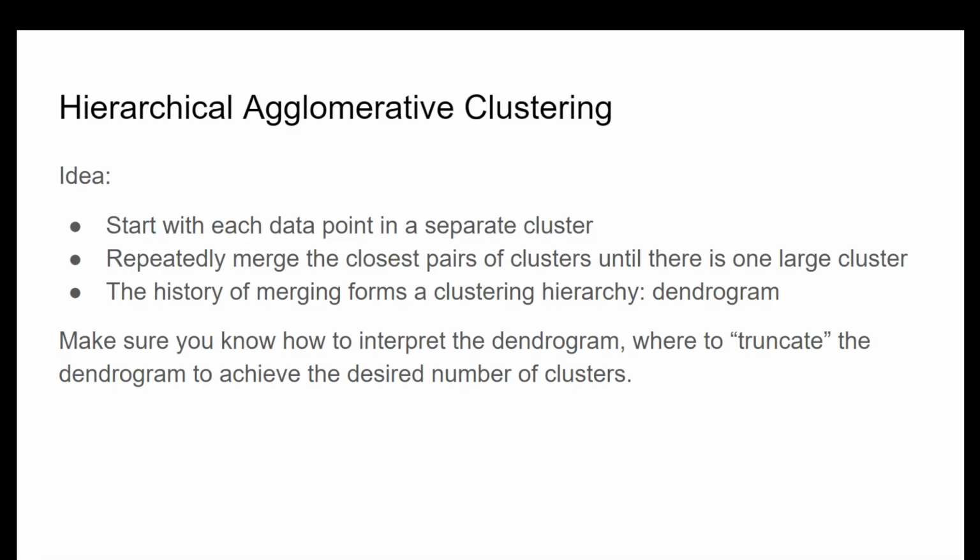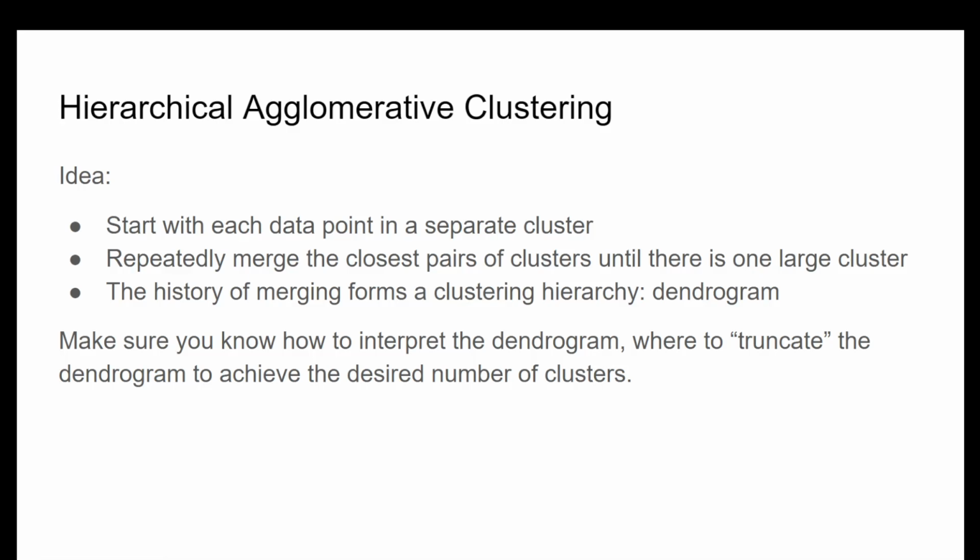The next one, this is quite complex actually, is hierarchical agglomerative clustering. The idea is you have to start with each data point in a separate cluster. So if you have n data points, then there will be n clusters as well. And then you have to merge the closest pairs of clusters until there is only one large cluster remaining.